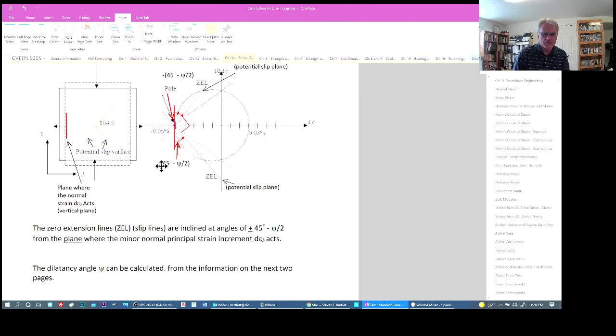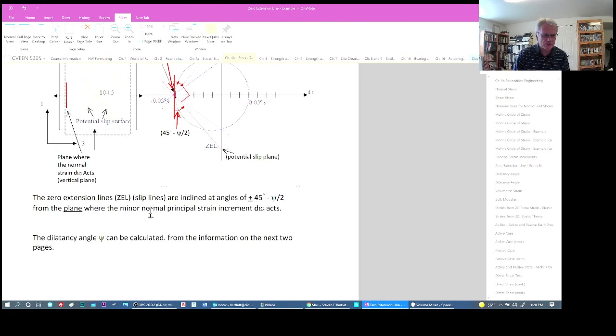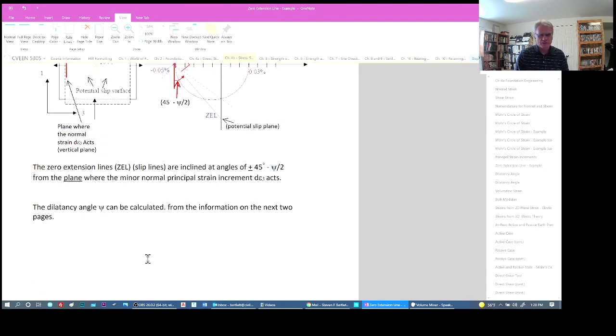Okay, so that's how to determine those potential slip planes. Those are important to us because that's where the failure planes in the specimen would be predicted by theory.